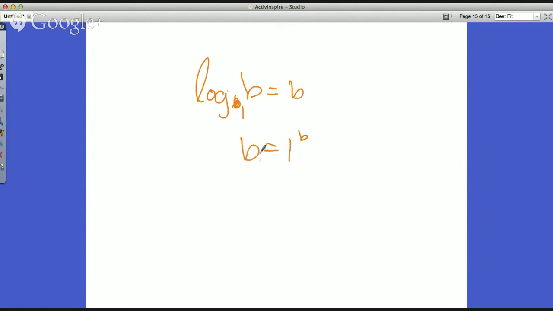So if we plug in a value like 3, that means 3 equals 1 to the 3rd. We know anything like 1 to the 3rd, 1 to the 4th is just 1 times 1 times 1. So we know that it'll be 3 equals 1, which will be on the right side. We know that those are not equal. Therefore, we know that that one's the one that's not true.